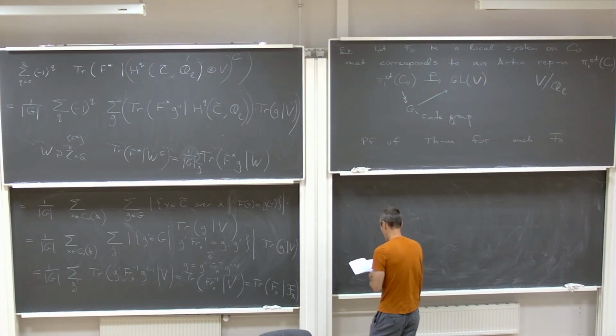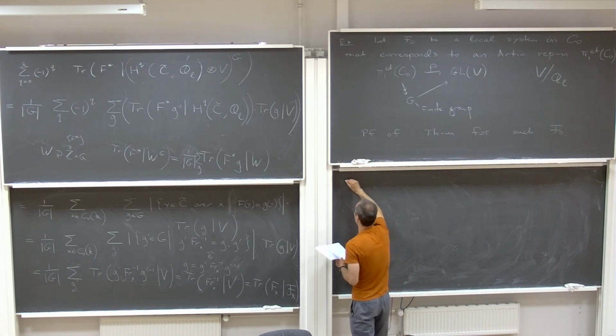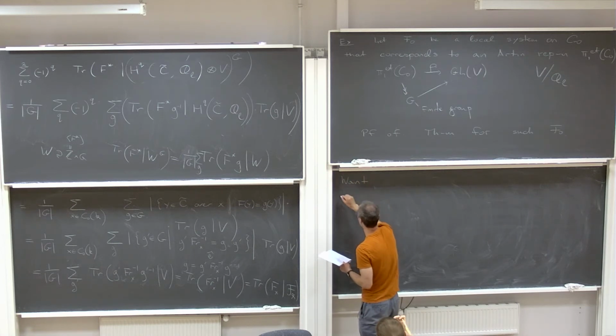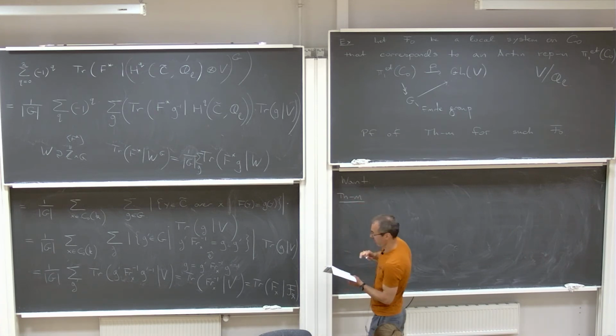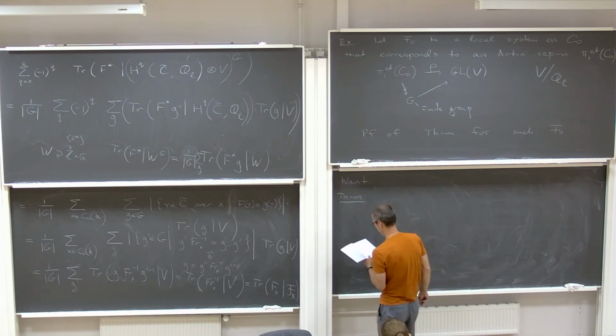Okay. So what we want to prove is the following theorem, which is a version of the Grothendieck-Lefschetz formula with finite coefficients.